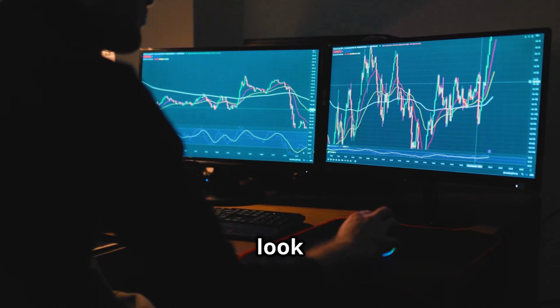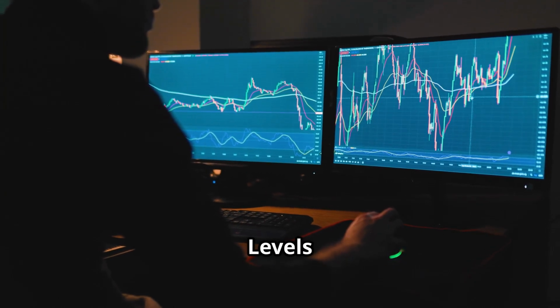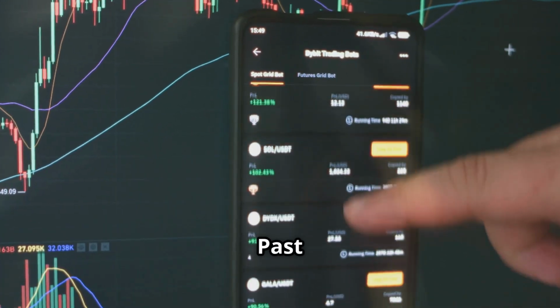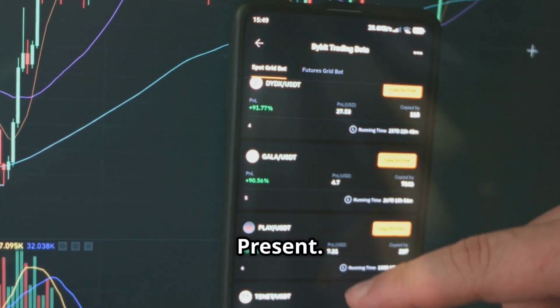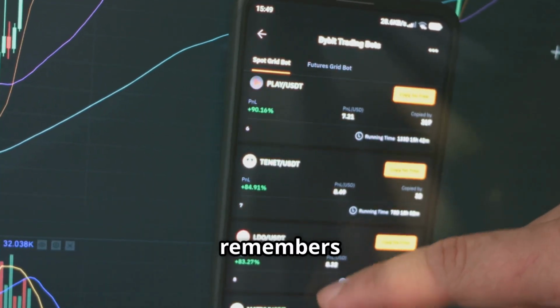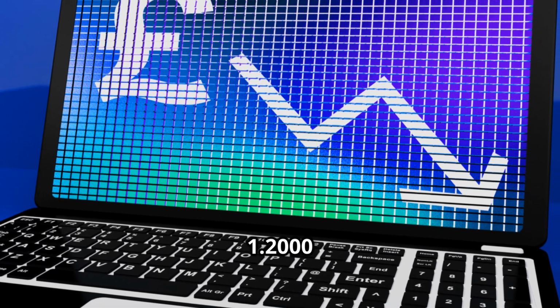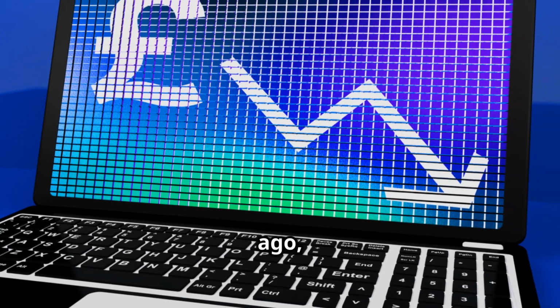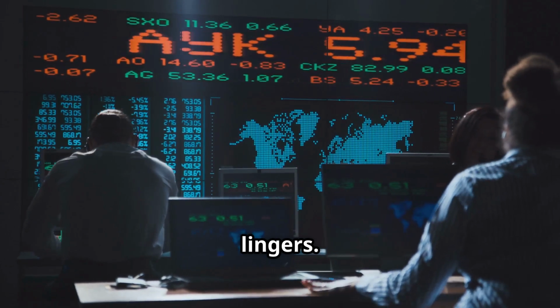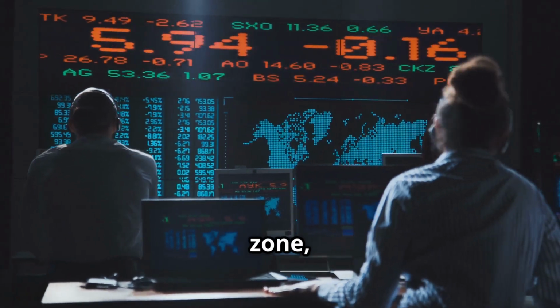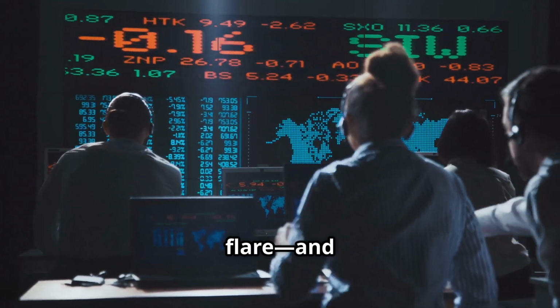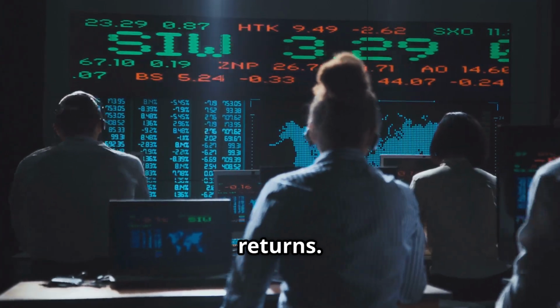Next, let's look at historical price levels and unlocking the past to survive the present. The market remembers its scars. If a currency collapsed at 1.2000 months ago, that trauma lingers. The next time price nears that zone, emotions flare and chaos returns.